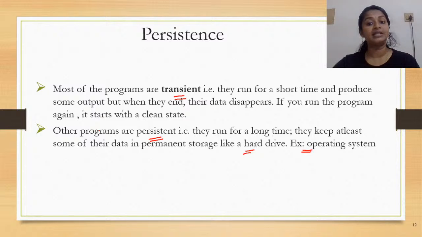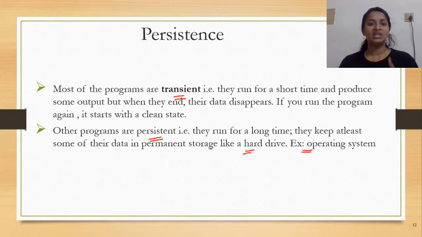I told you this is a program or a software. It has to run for a very long period of time, and its size is also bulky, right? In this case, I cannot store it in my primary memory. It would actually be stored in a permanent storage like a hard drive. Things that have to be persistent have to be stored for a longer duration.